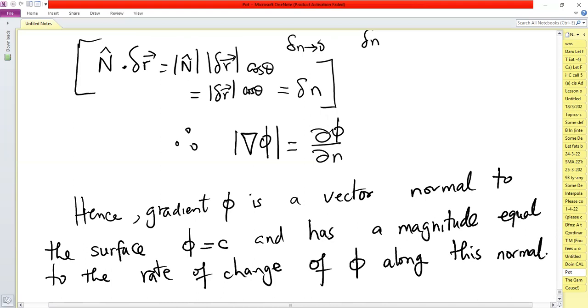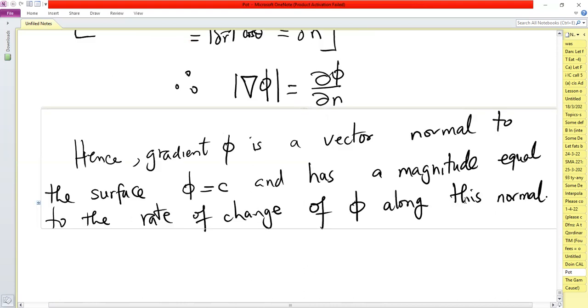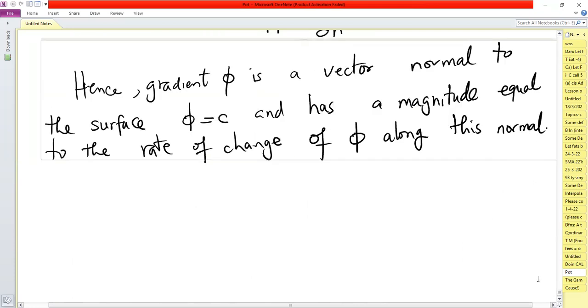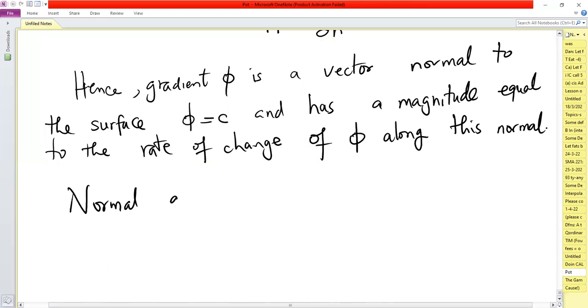So that's what we have. So there's what we call the normal and directional derivative.